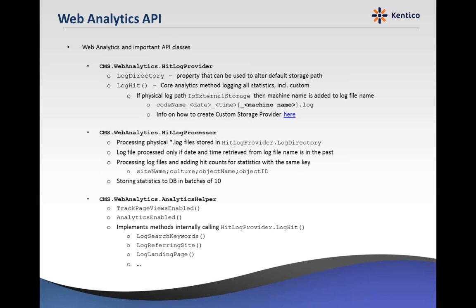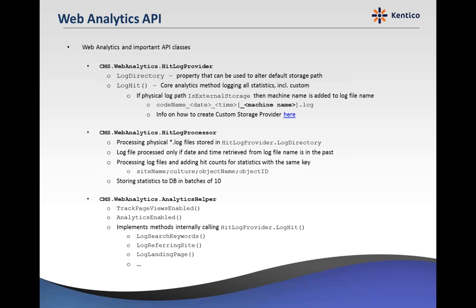Assuming that the date and time is in the past, the scheduled task will process the files. The way files are actually processed is that the statistics from every file are added to the virtual collection. That's a hash table where all the hits for the same statistics are added together.